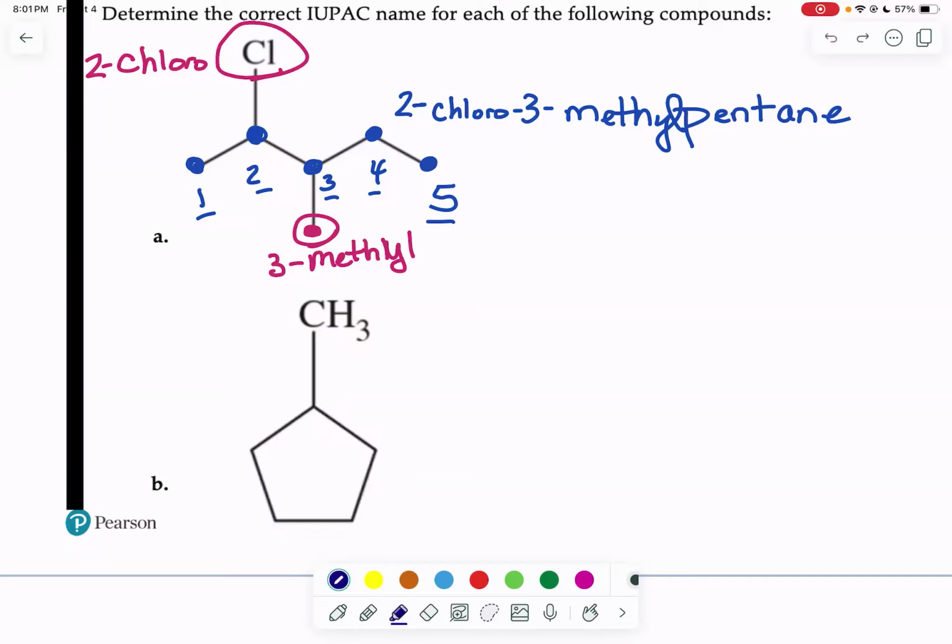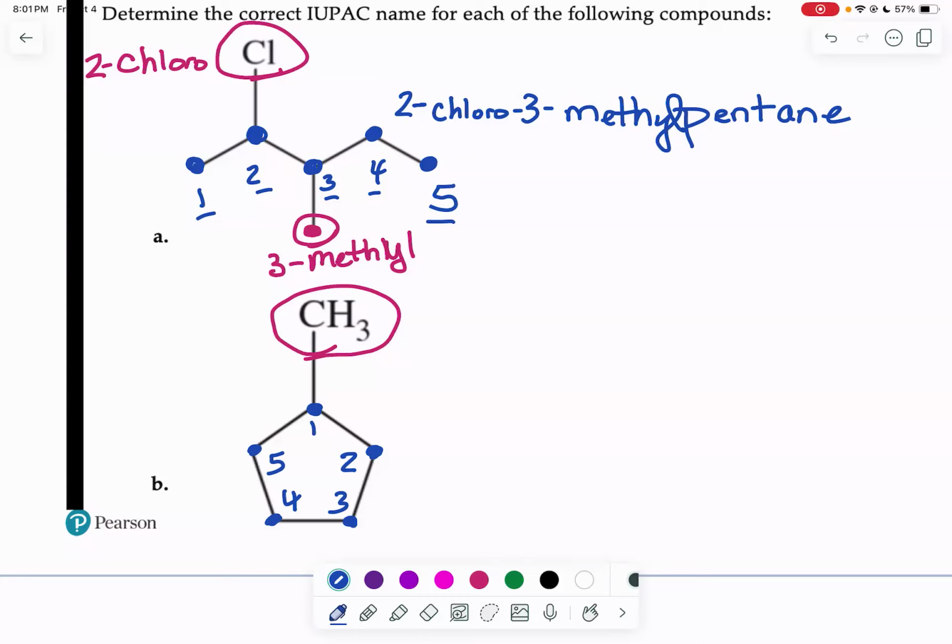Whichever one is longer is your parent, so my parent is going to be the ring. I'm going to highlight all the carbons in the parent blue. Now I'm going to number my parent so that the substituent gets the lowest number possible, so it's going to be 1. It doesn't matter whether you go clockwise or counterclockwise because there are no other substituents.